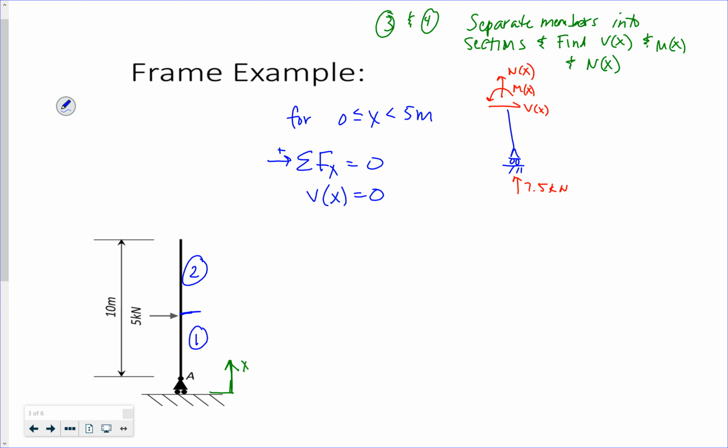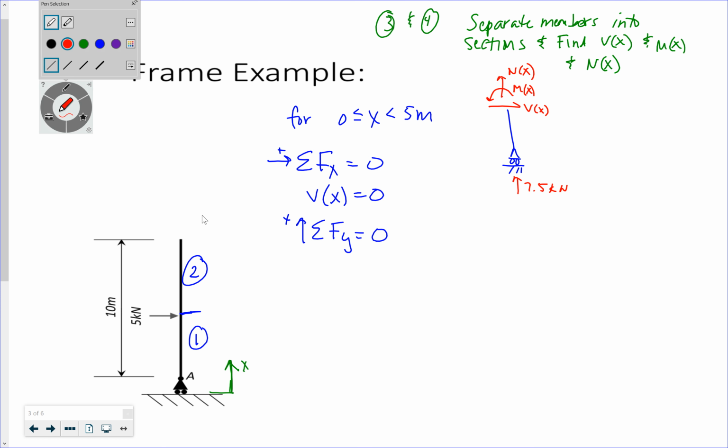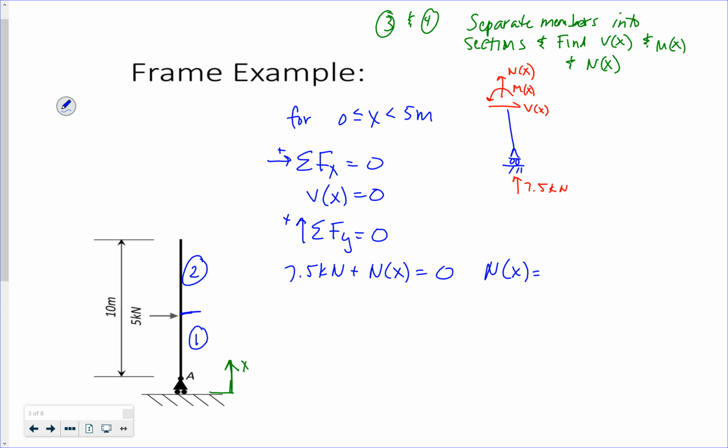If I do the sum of the forces in the y direction, I have 7.5 kilonewtons plus my axial load is 0. So my axial load is a constant negative 7.5.